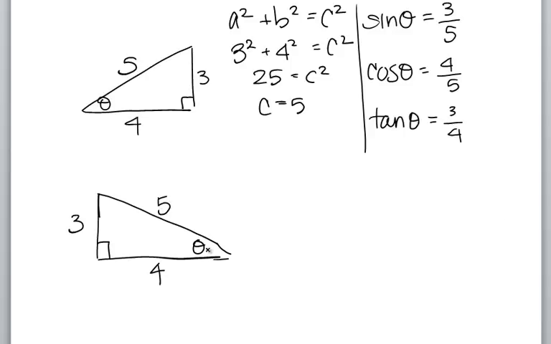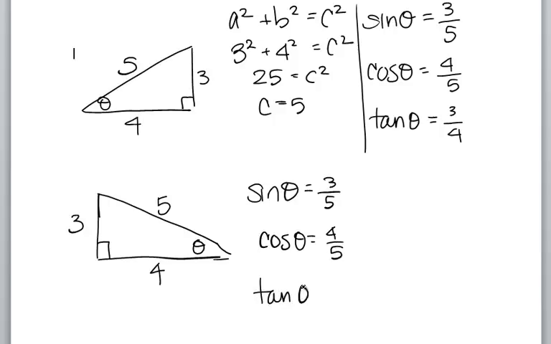My angle right here is still theta, and sine of theta is 3/5. Cosine of theta is still 4/5. And tangent of theta is 3/4. You still buy that. Exact same triangle. Not quite to scale, but you get the idea. The ratios of sine, cosine, tangent of my angle theta are still the same.